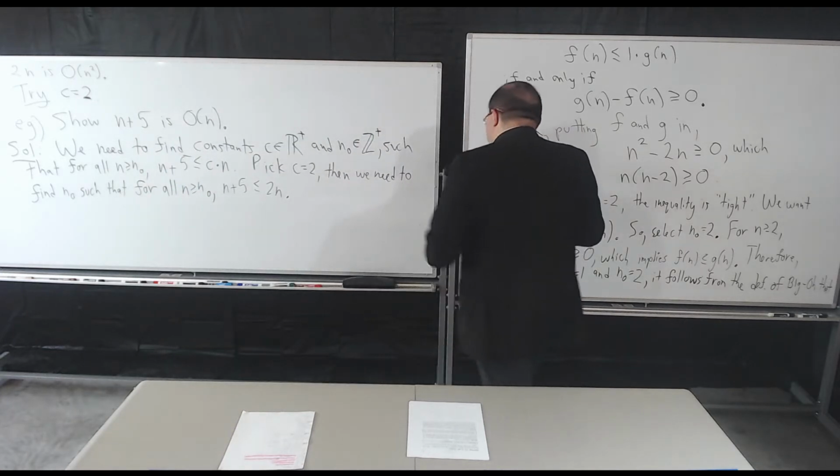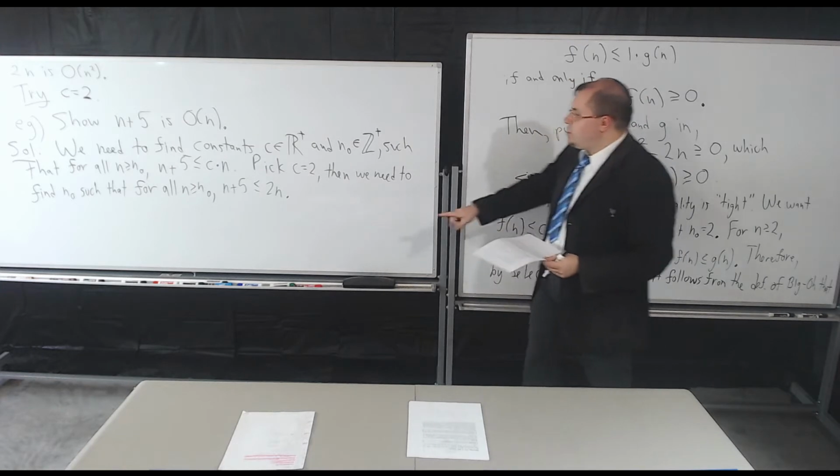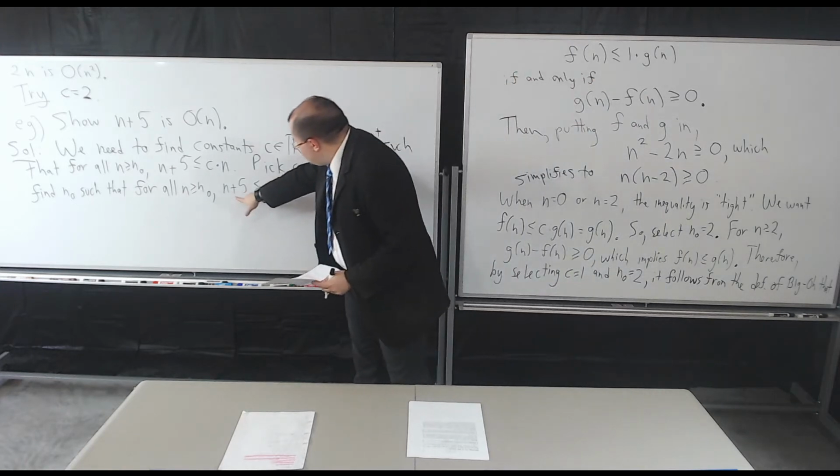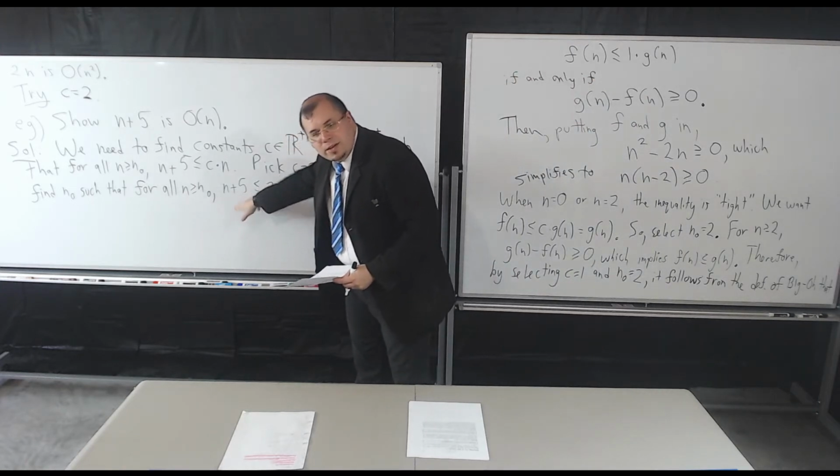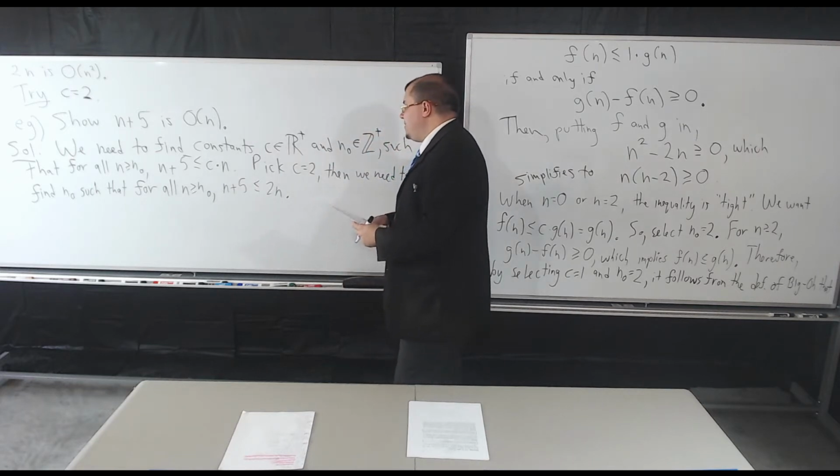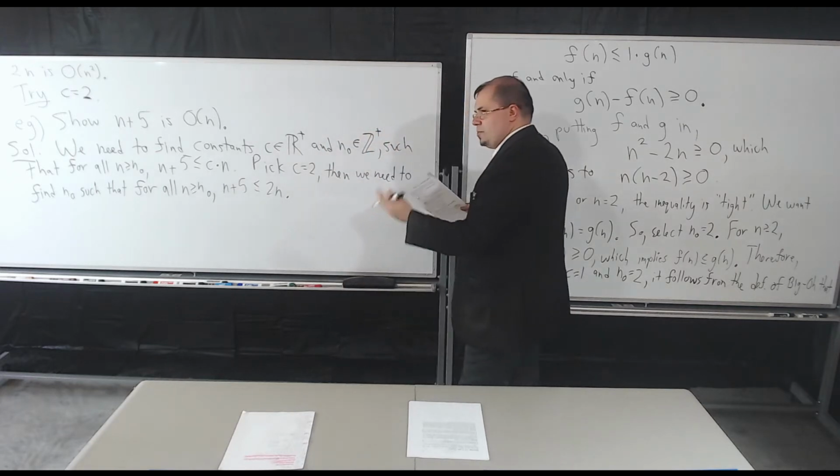So let's think about it. I have this inequality in play. I'm going to try to massage this inequality using a little bit of algebra and see if I can make this simpler so I can determine the appropriate value for n.